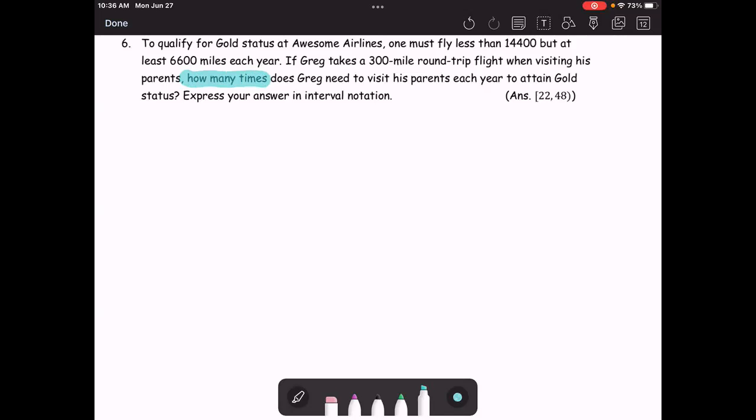So we're going to define the unknown. Let x be the number of trips that Greg needs to make to visit his parents each year.